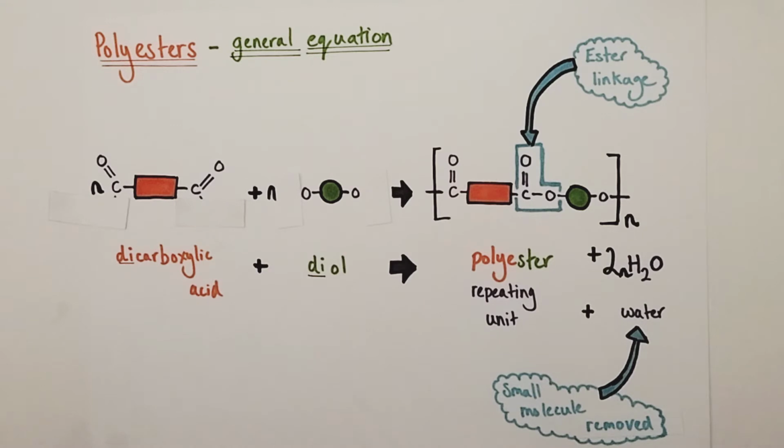This will then allow the carbonyl groups, the C double bond O groups on the dicarboxylic acid monomers, to covalently bond directly to the oxygen atoms on the diol monomers adjacent, creating ester linkages as shown and joining the two monomers together.